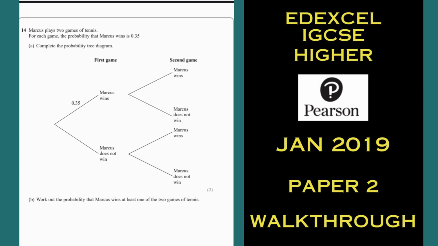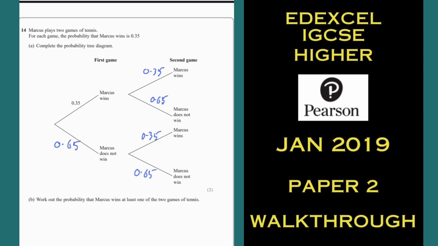Right, number 14, probability trees. So if the probability of a win is 0.35, we can fill in everything else. It doesn't give us any reason in the question for why the probabilities may change, so they don't. 0.35 on the top branch, and on we go.